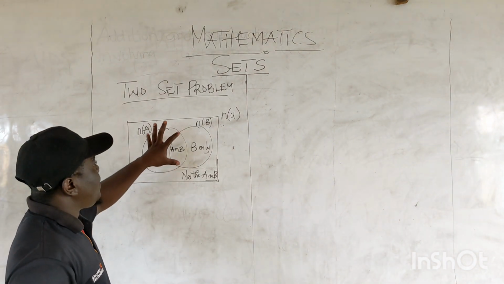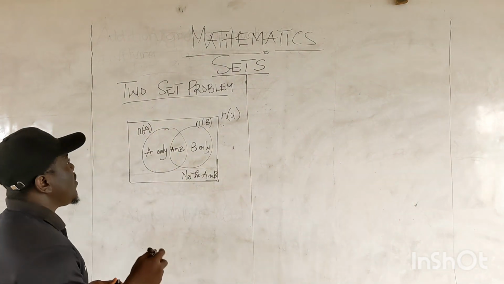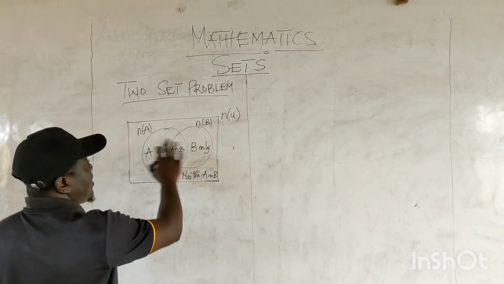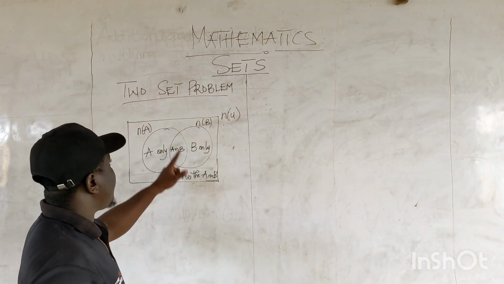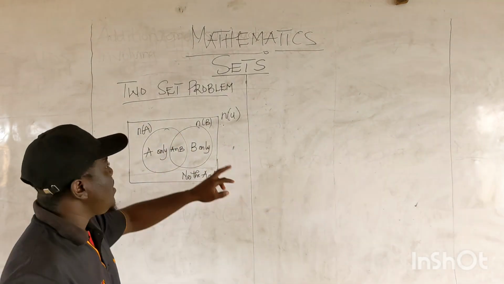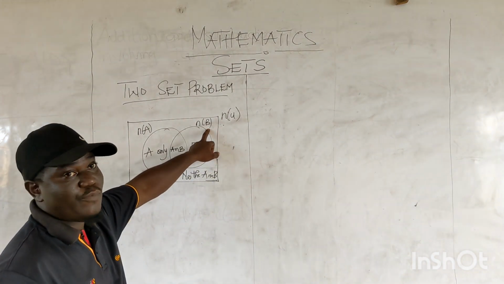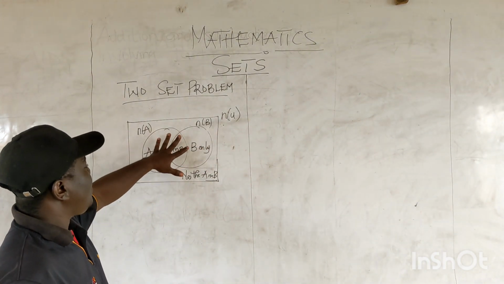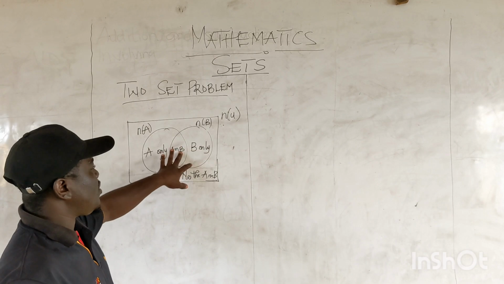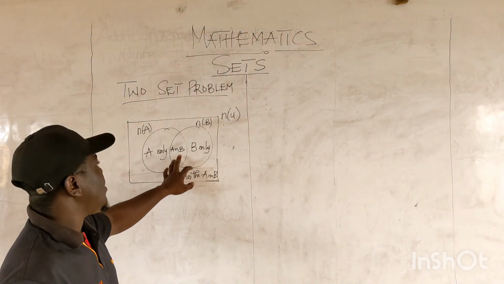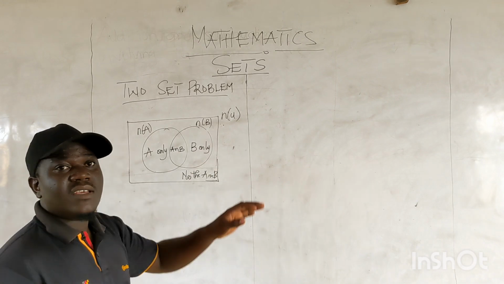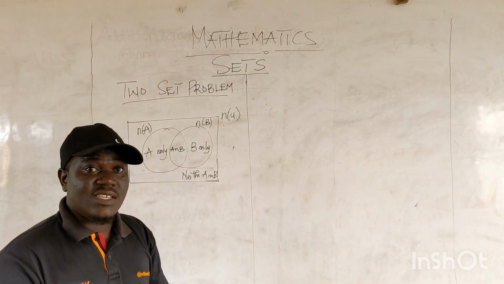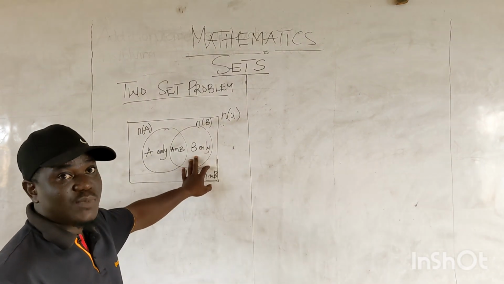Now, when we take this Venn diagram, we have the rectangle representing the number of U, and then we have the first circle representing the number of A, the second one representing the number of B. The part of A that does not include the intersection is known as A only, and the part of circle B that does not include the intersection of the two is also known as B only.